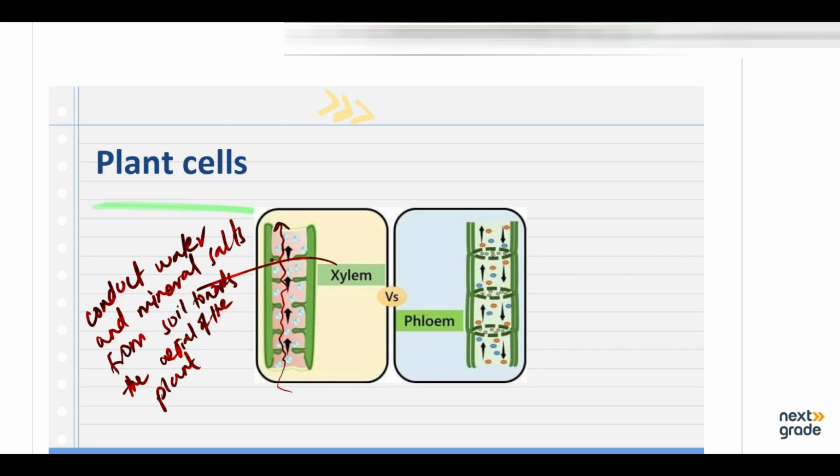इसी तरह phloem cell is another type of cell present in the plant और उनका क्या function होता है?